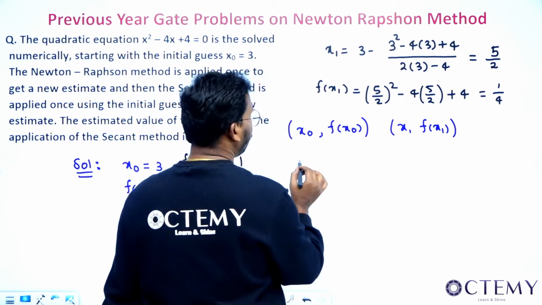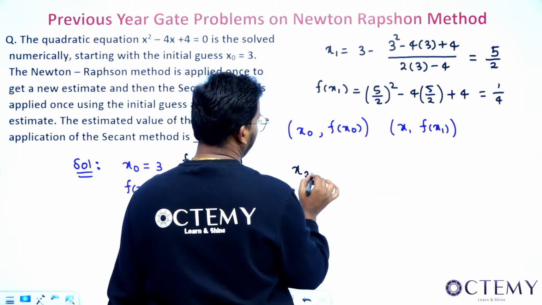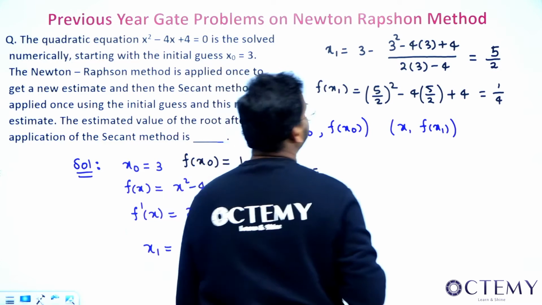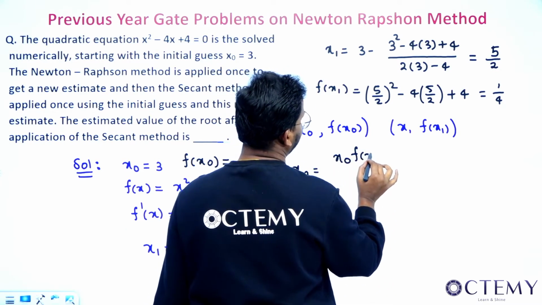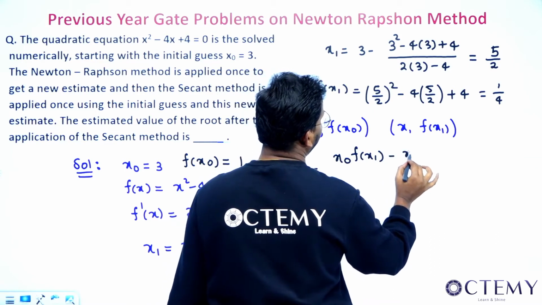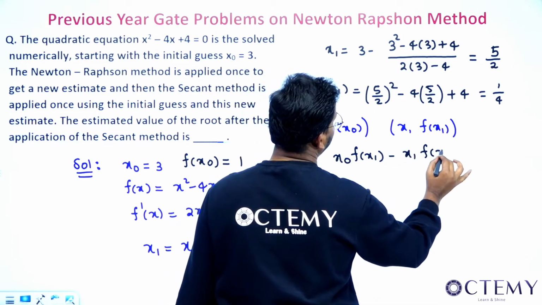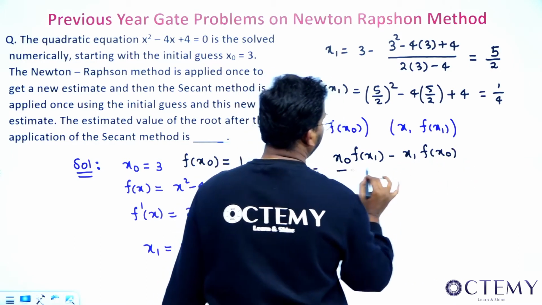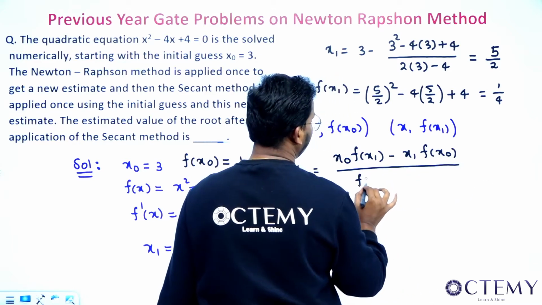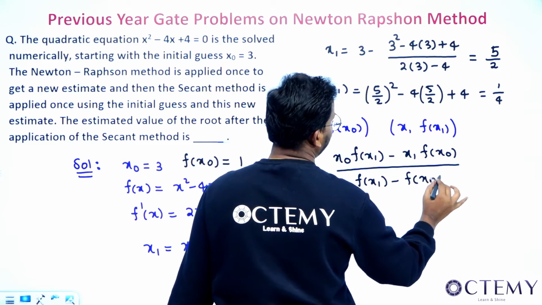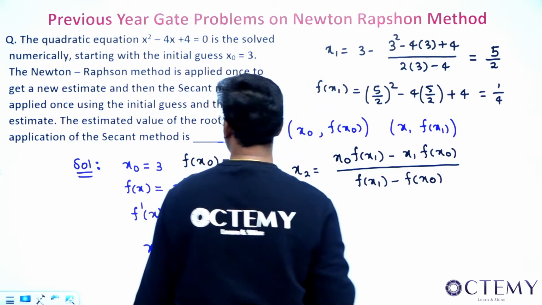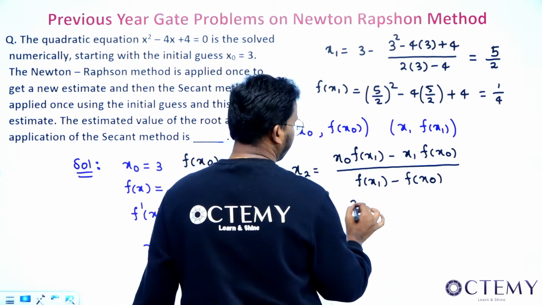So your x2 will be what, sir? Your x2 will be x naught into f of x1 minus x1 into f of x naught, divided by f of x1 minus f of x naught. So we know all these values. What is x naught, sir? Your x naught is 3.